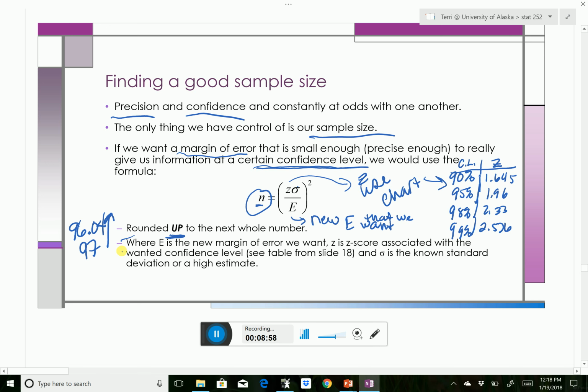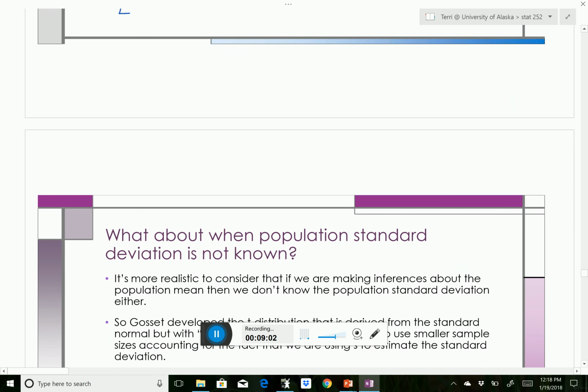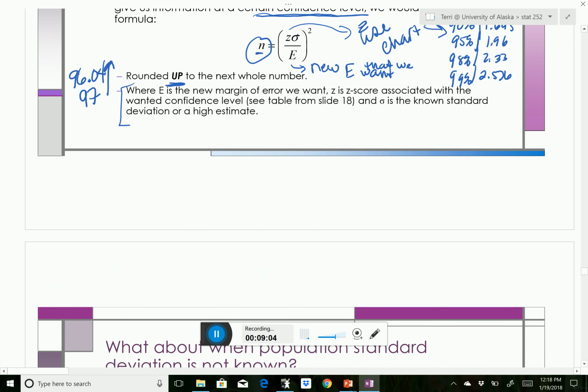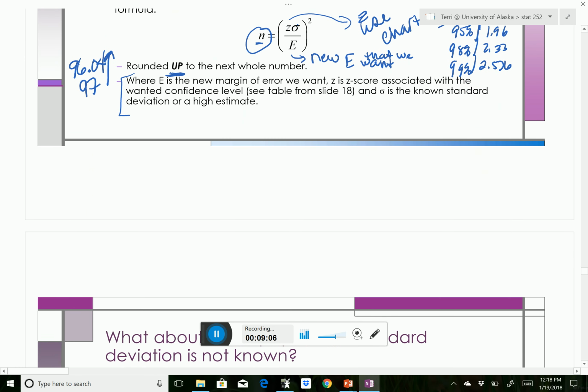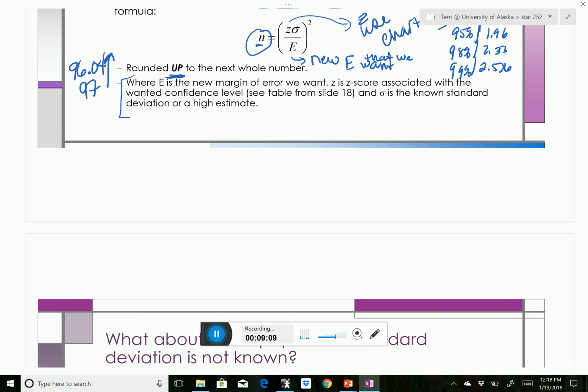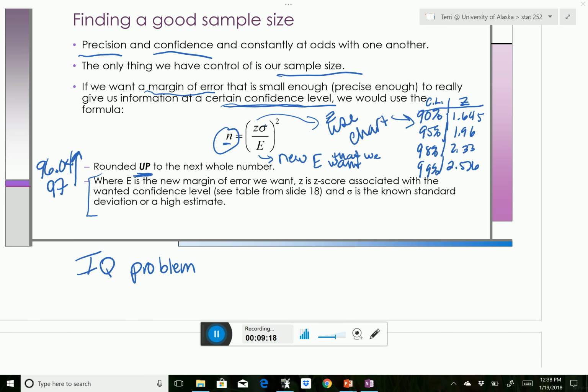So this is just an explanation of everything that's in here. Let's do a quick example of this. Let's go back to the IQ problem with the professors and their IQs. In the IQ problem, we had an X bar of 135.